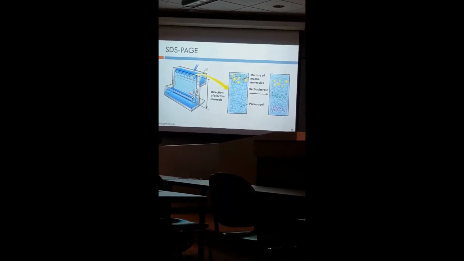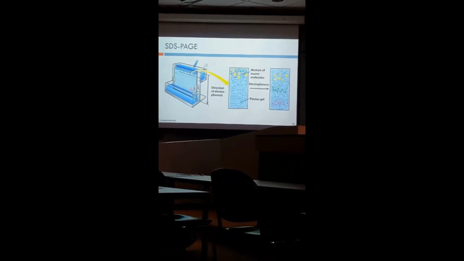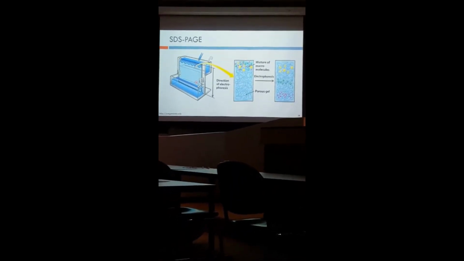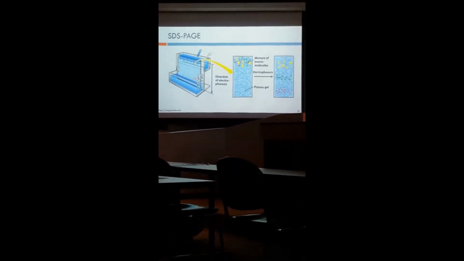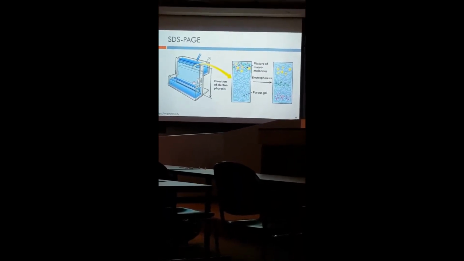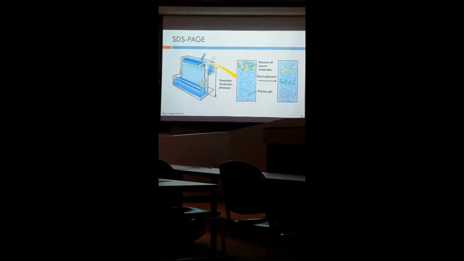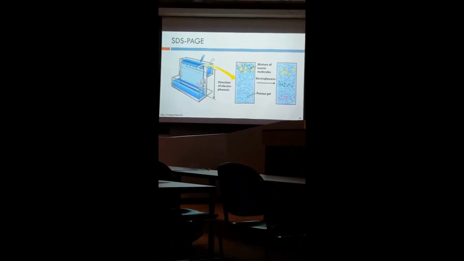Once it undergoes electrophoresis, they are separated out so that the smaller molecules travel further because they can easily fit through the pores in the gel, whereas the larger molecules stay more at the top. So they're able to see different bands of molecules on that gel so they can distinguish between how these are breaking down in this case.